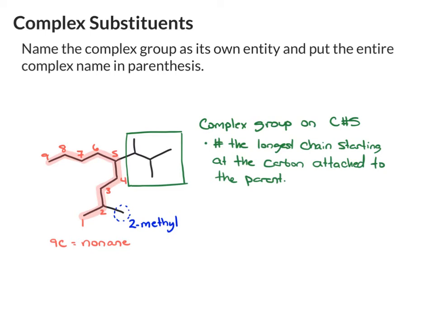So we actually need to start where it's attached to the parent and then find the longest carbon chain from there. So that is carbon 1, 2, and 3. So within this complex entity, we have a 1,2-dimethylpropane.